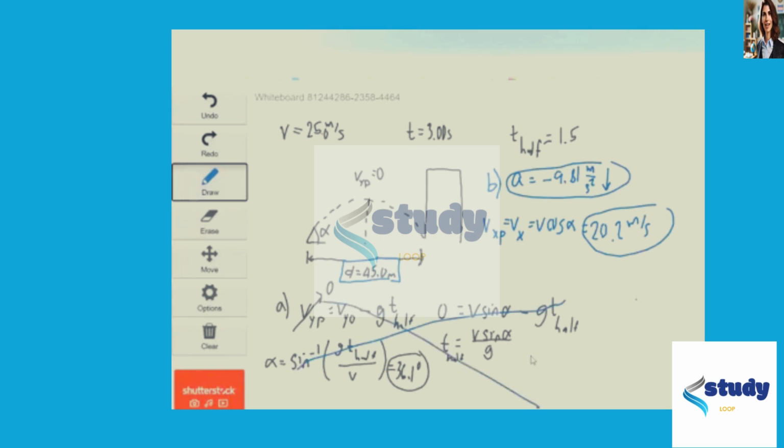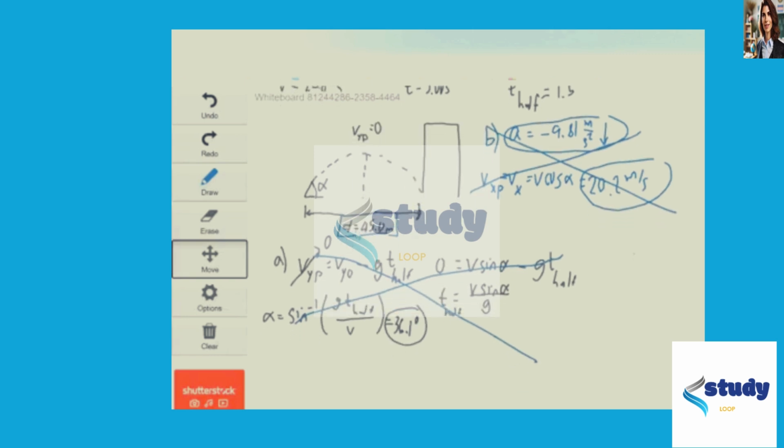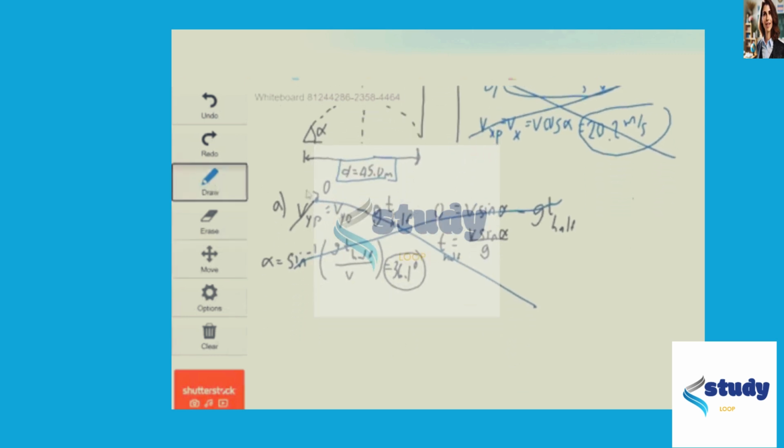So let's get rid of that, and let's get rid of that. We're not striking the building on the ground because we're given this. So let's try this again. If at first you don't succeed, try again.